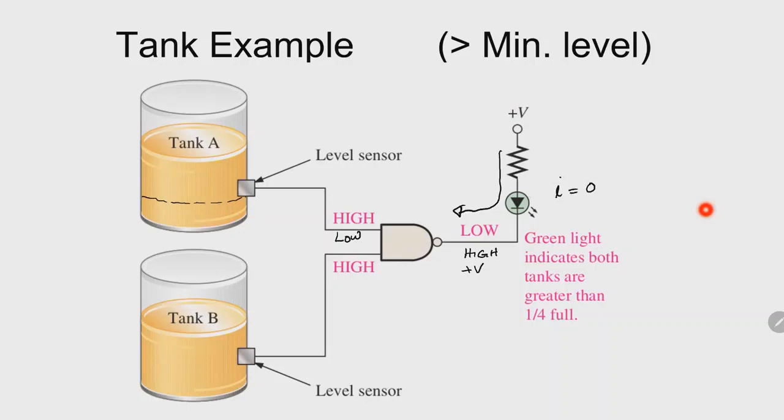It's not biased, and therefore the green light turns off, indicating that either one of the tanks has a water level that is below the sensor, for example.